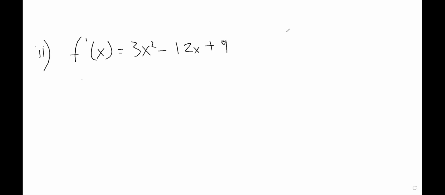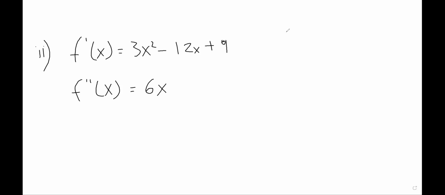All right, so we're gonna differentiate it one more time. F double prime x. Differentiate this again. Same thing we've been doing. Carry down the power, minus 1 from the power, right? So carry down the 2, we're gonna get 2 times 3, which is equal to 6, multiplied by x to the power 1, minus 12.